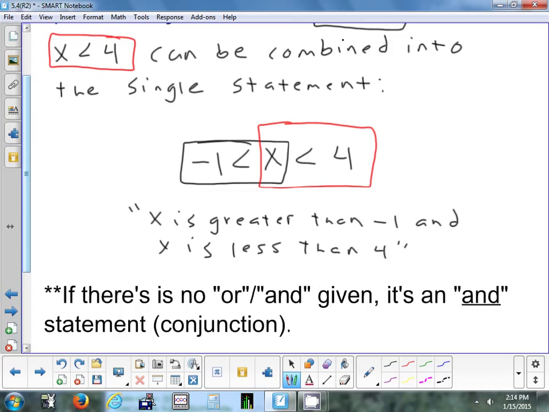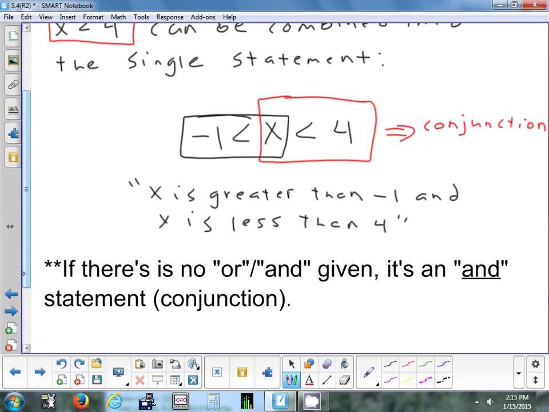If there is no or and, it's not actually written there, like the other ones we've done. It's an and statement, it's a conjunction. You need to make it a conjunction. You would take the two problems that you broke down, make it an and, and graph it like an and. There's no way to shorten a disjunction.